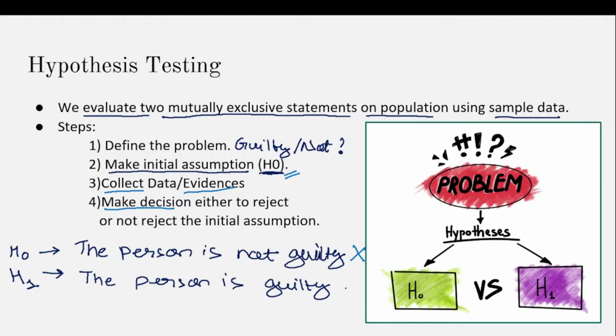That is, I will accept the alternate hypothesis, which says that the person is guilty. But if I'm not able to find enough evidence to reject the null hypothesis, I will be left with no choice but to accept the null hypothesis. That is, I will have to consider that the person is not guilty. So that is what we do in hypothesis testing.